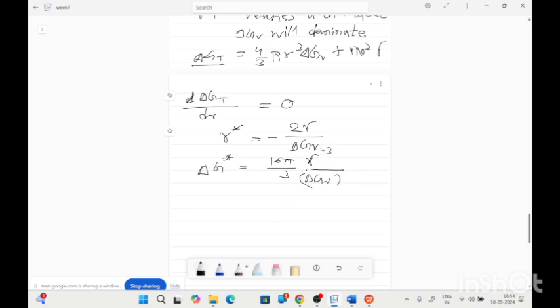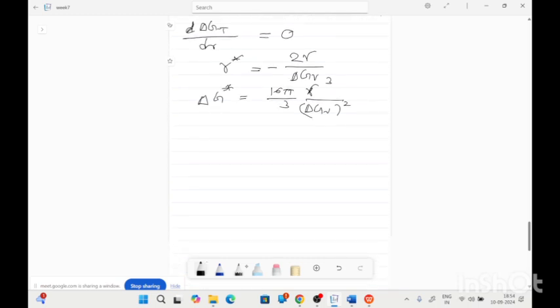It will be cube and it will be square. So this is for homogeneous nucleation.